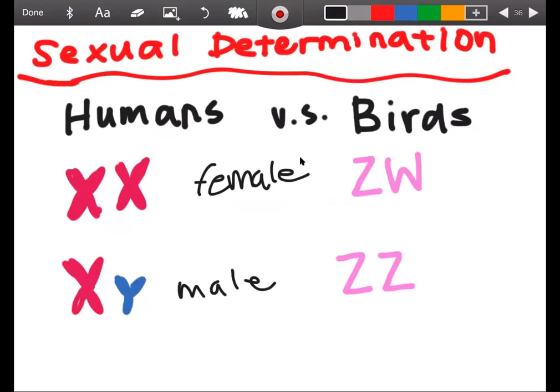This is actually not the case for all animals in the animal kingdom that go through sexual reproduction and have sex chromosomes. An example I'd like to bring up is with birds. With birds, instead of having XX and XY, they have ZW and ZZ. So if they have a ZW, they are female, and if they have a ZZ, they are male.